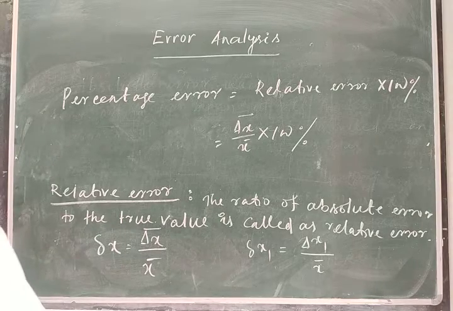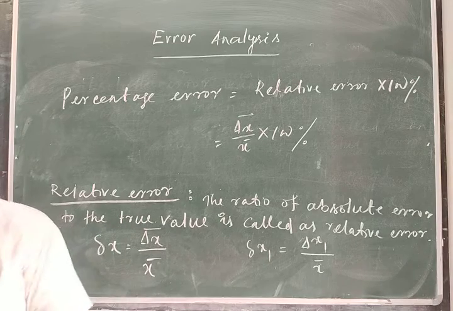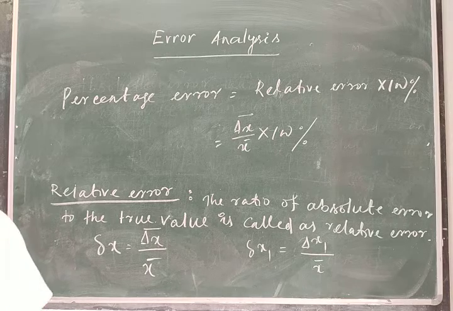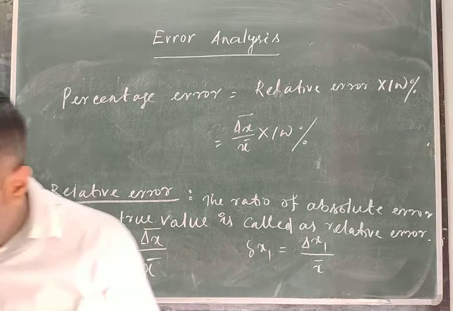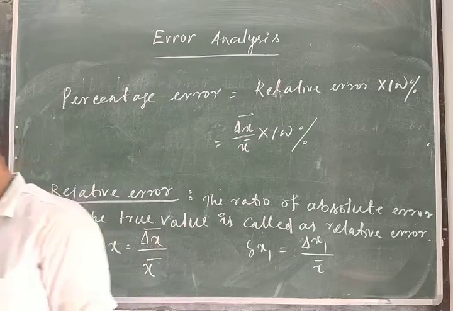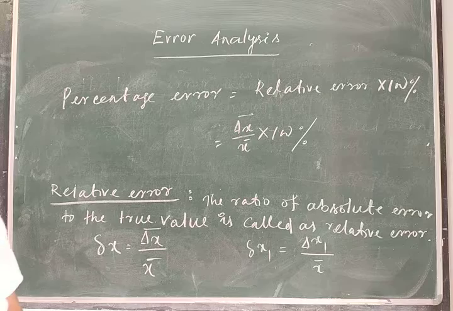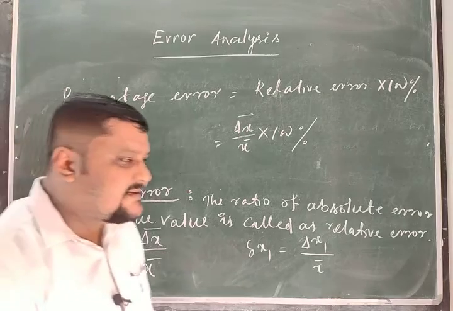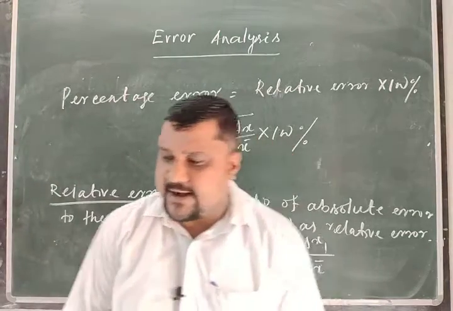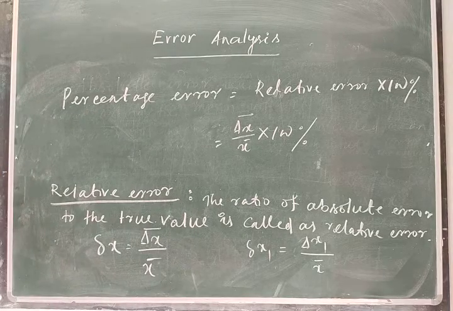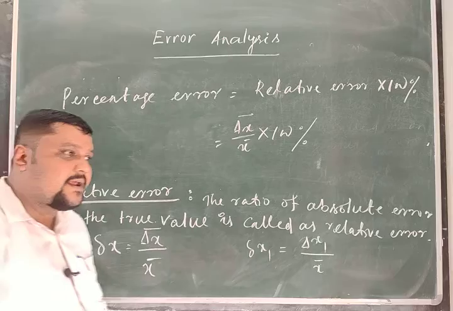And one thing remember, a measurement of a physical quantity is said to be accurate if the systematic error in its measurement is relatively very low. If the systematic error is very low, then I can say that the measurement of the physical quantity is more accurate.